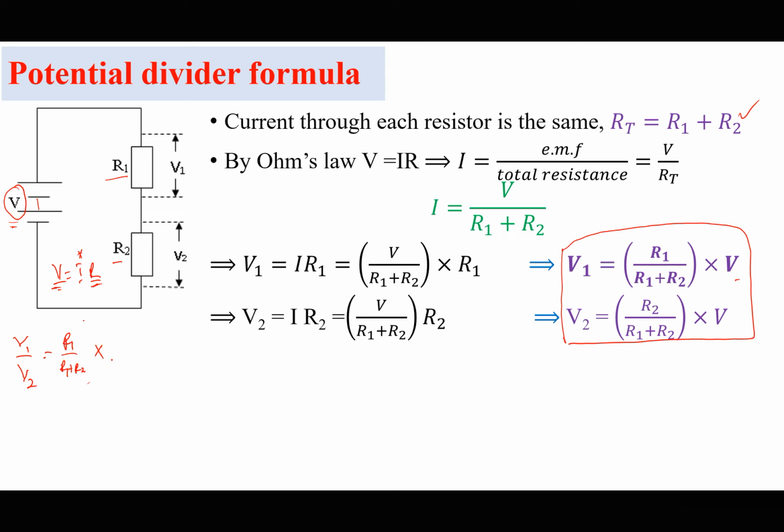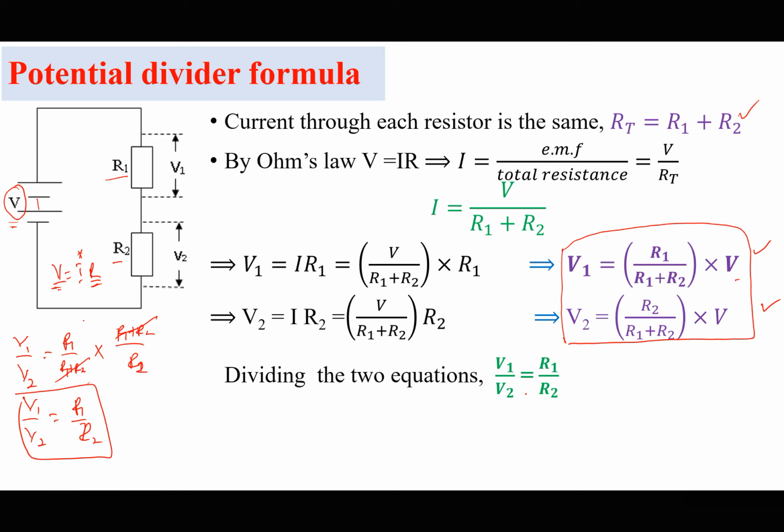Remember, I'm dividing, so I get the reciprocal: times R1 plus R2 divided by R2. So I'm dividing the first equation by the second equation. R1 plus R2 cancels out, and therefore this gives me V1 over V2 as R1 over R2. That's what is expected in the laboratory. So dividing the two equations gives V1 over V2 equals R1 over R2.